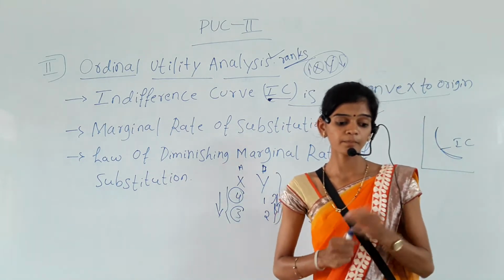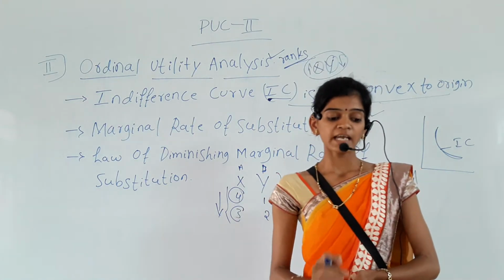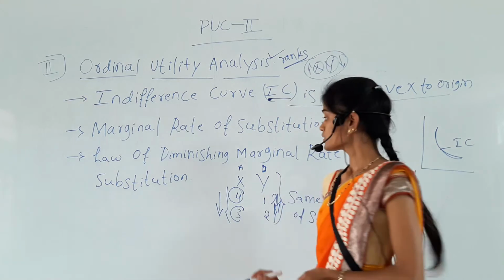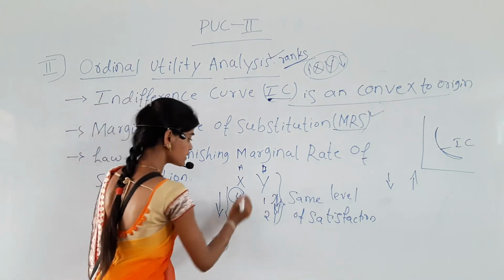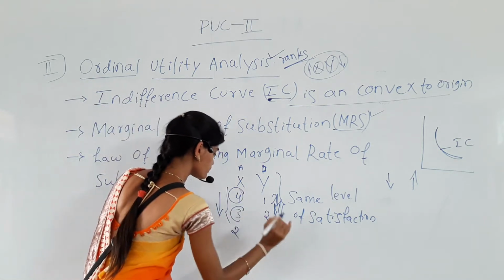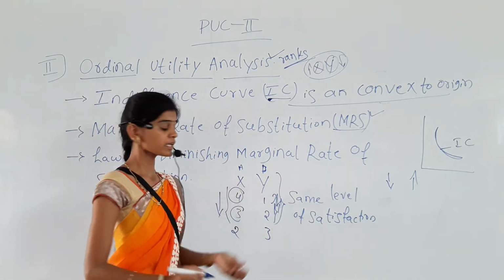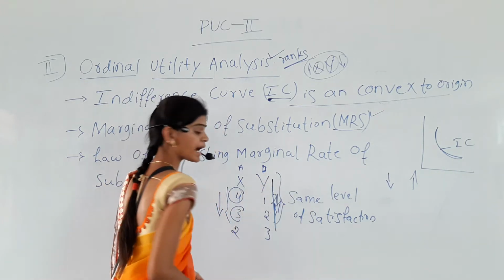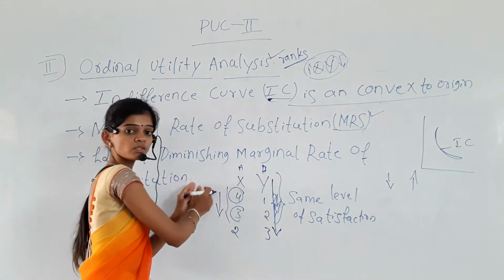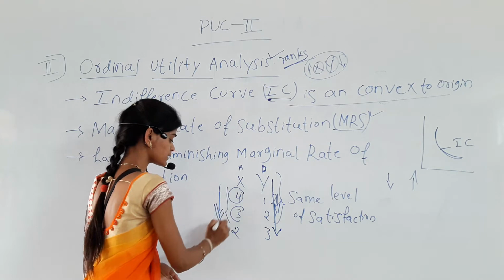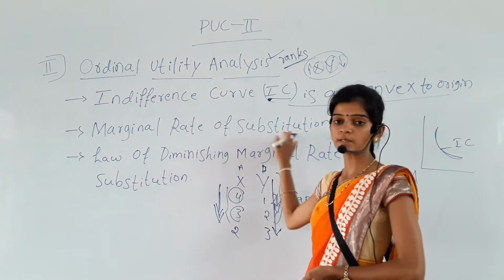MRS refers to the rate at which a consumer is willing to substitute an additional unit of one good for another. For example, if 4 apples are consumed, next 3, then 2, the banana increases to 3. Whenever the consumer adds an extra unit of one commodity, the other commodity will be decreasing. That is called the MRS, or marginal rate of substitution.